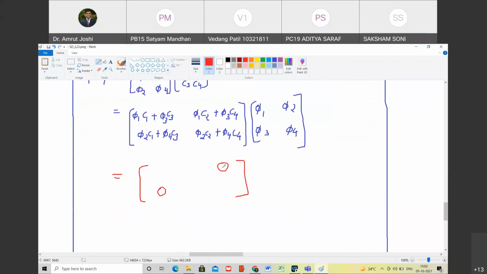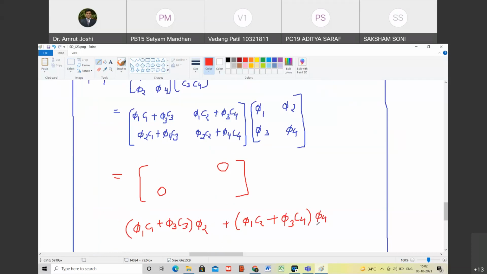So this element is this row multiplied by the second column. Can you tell me what that is? Phi 1 C1 plus phi 3 C3 multiplied by phi 2, plus phi 1 C2 plus phi 3 C4 into phi 4.